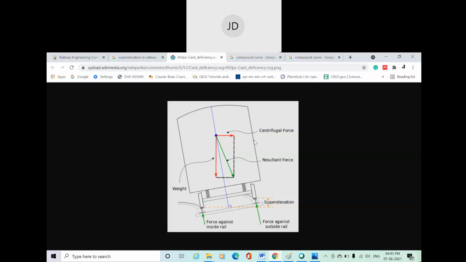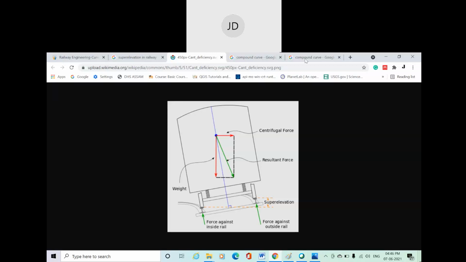To counteract this centrifugal force, we need to provide this super elevation. By doing that, we get a resultant force W, which directly acts on this outer rail, and also a horizontal component of weight, which counteracts or resists this centrifugal force. So our main idea is to resist this centrifugal force.